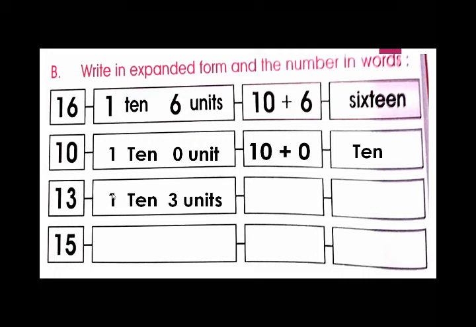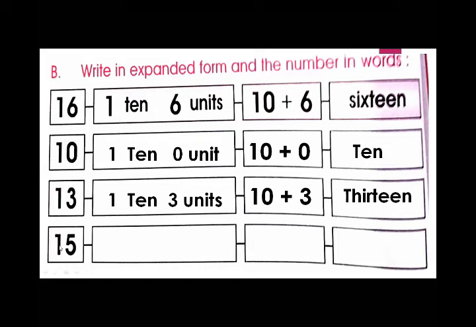And this we can also write in this way: 1 ten means 10 plus 3 units. And it makes the number 13. So what is the spelling of 13? THIRTEEN, 13.